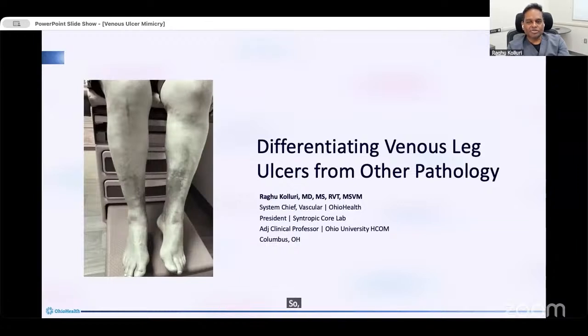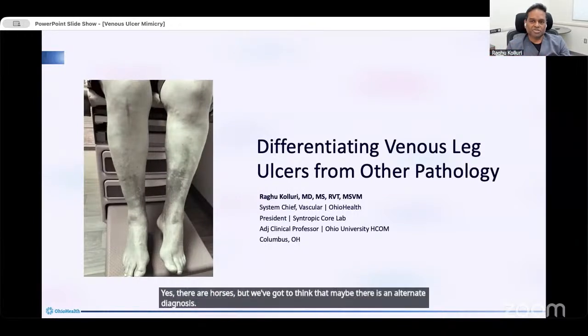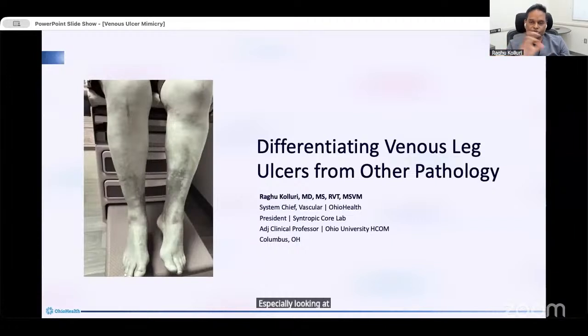Because you have to follow them up, and then if they start acting up in different ways, then, as I said, yes, there are horses, but we've got to think that maybe there is an alternate diagnosis, especially looking at these other associations. My patient had a hepatomegaly, and that was the trigger for going through the whole thing. It's a good physical examination and history.